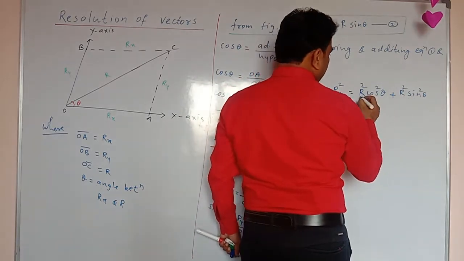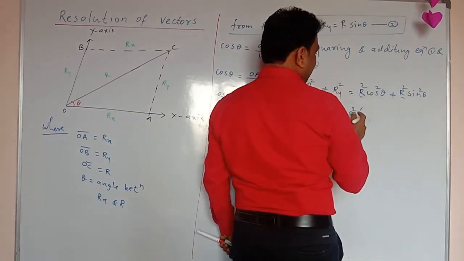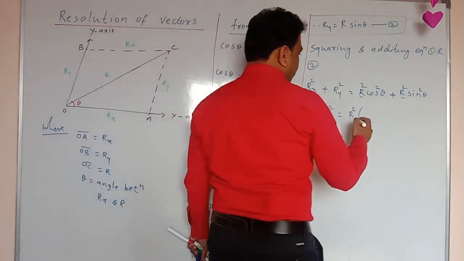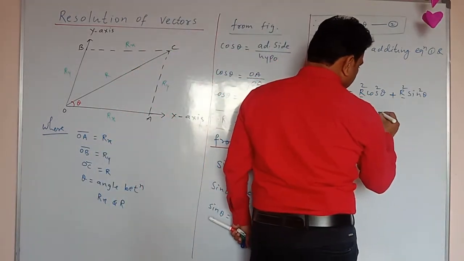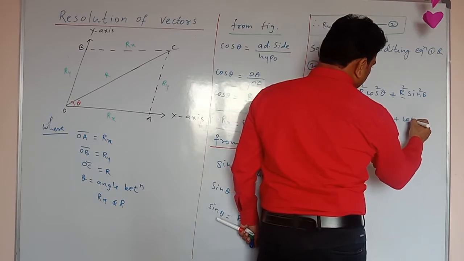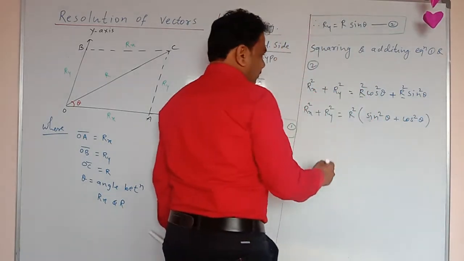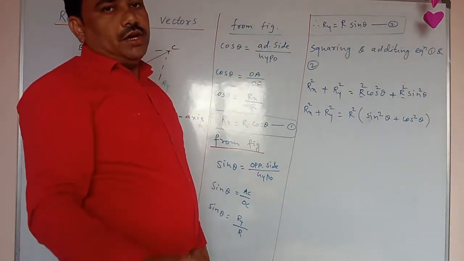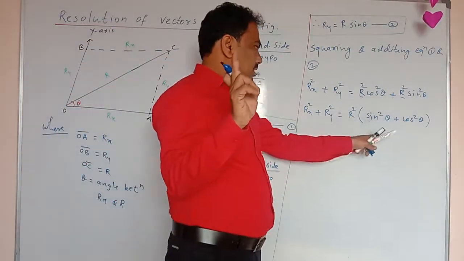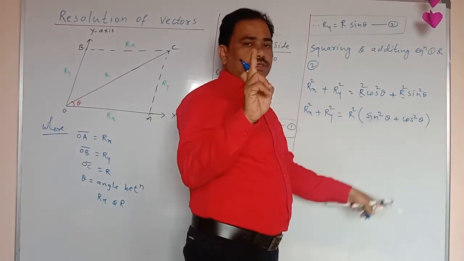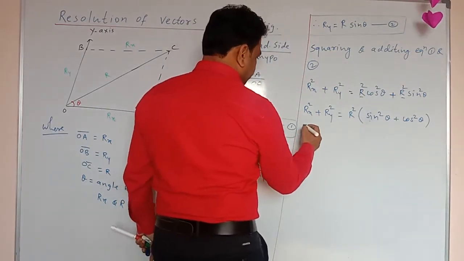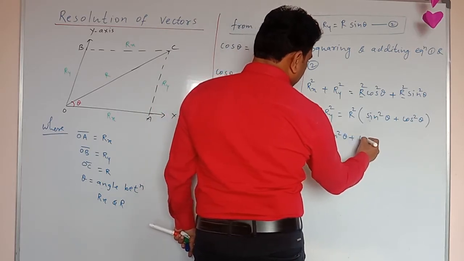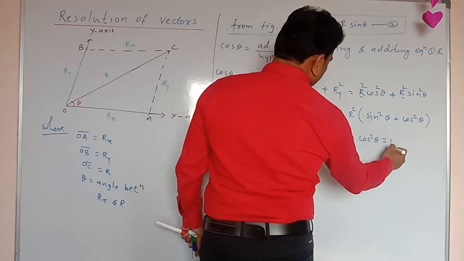and the remaining terms will be sin square theta plus cos square theta. We know that sin square theta plus cos square theta, the value of this bracket, is 1.